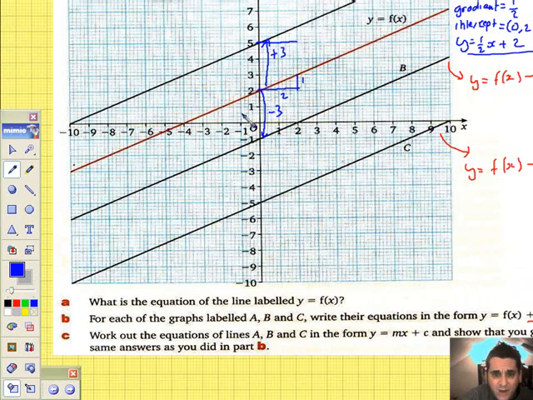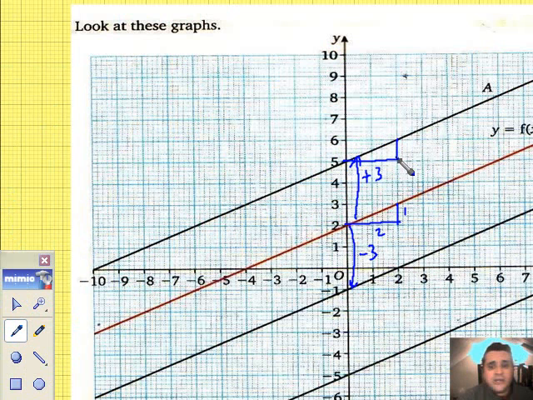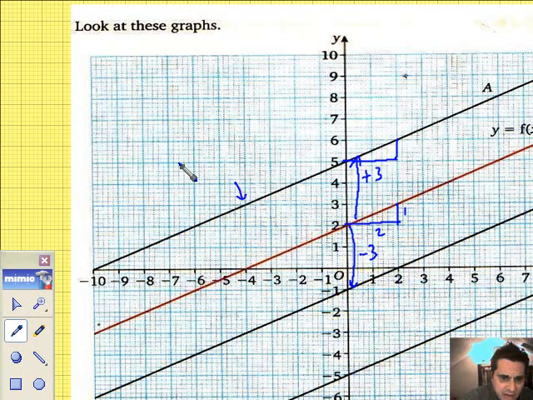They're all parallel, of course, because they're all transformations of the original function. That's 1 divided by 2, a half, and the intercept is going to be 5, 0, 5 as a coordinate. So I've got y equals half an x plus 5.